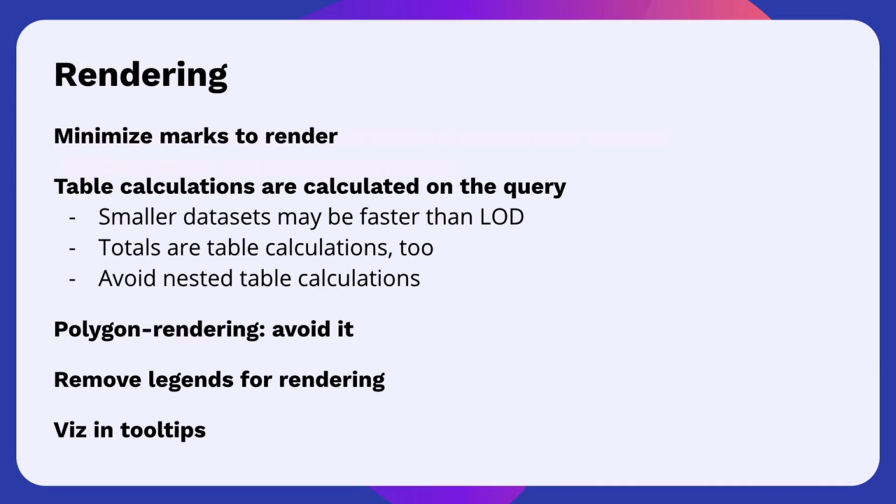Last point on rendering, Viz in tooltips. There's two things that you should know. One, if you're using Viz in tooltips, it will slow down performance. They do take a while to render.